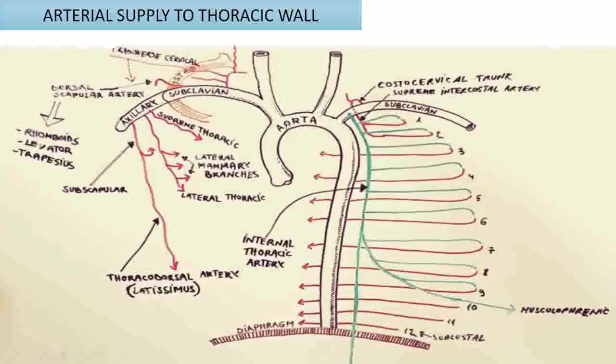So after the sources from the aorta and the subclavian via the supreme intercostal arteries, let's talk about the sources arising from the axillary artery. From the axillary artery, you have mainly the lateral thoracic artery that will supply the lateral aspect of the chest or of the thorax.